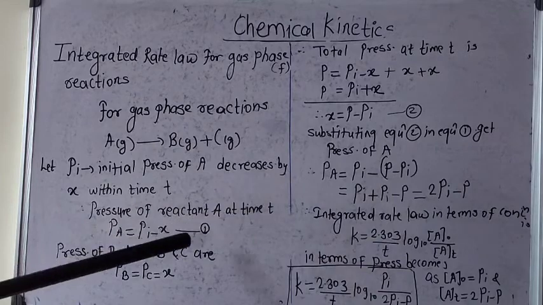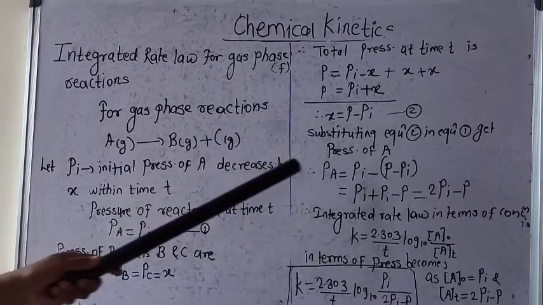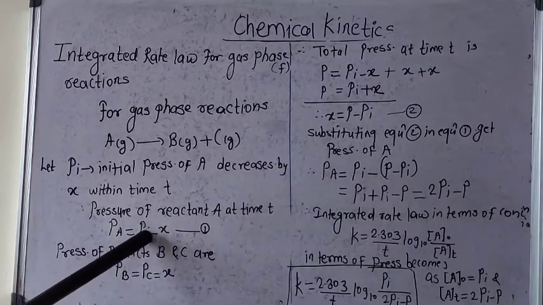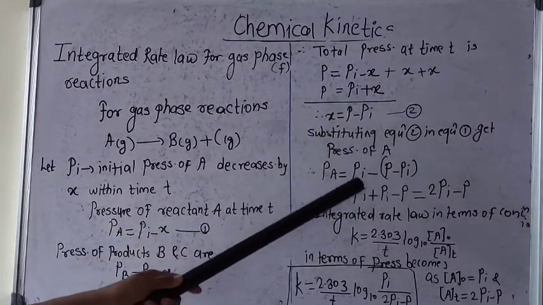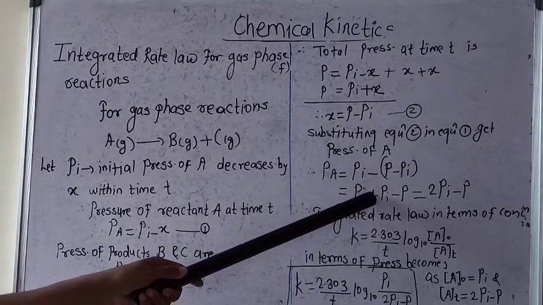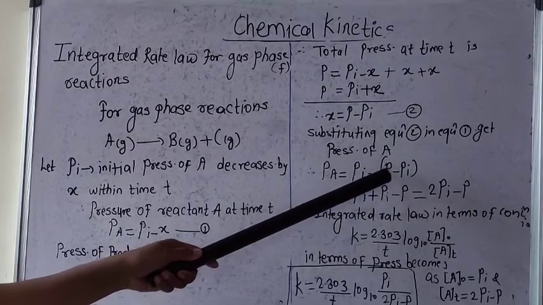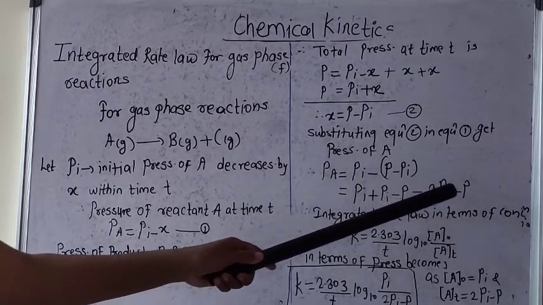Putting in the value of x, we get Pa equal to Pi minus (P minus Pi). Simplifying the bracket, minus minus becomes plus, so we get Pi plus Pi minus P, which totals 2Pi minus P.